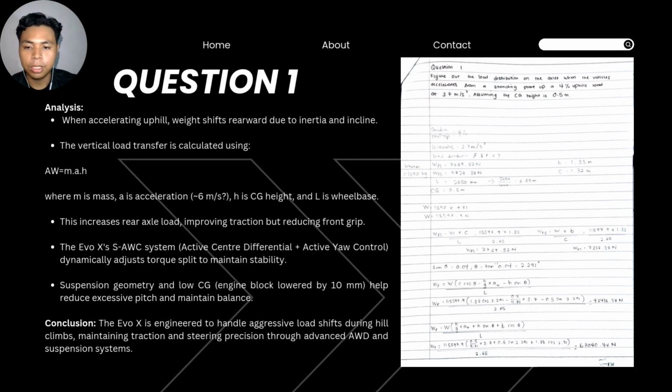And also the suspension geometry and low center of gravity, with the engine block lowered by 10 millimeters, help reduce excessive pitch and maintain balance. So the conclusion we get is the Evo 10 is engineered to handle aggressive load shift during hill climb, maintaining traction and steering precision through advanced all-wheel drive and suspension systems.